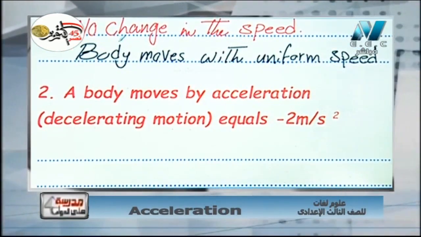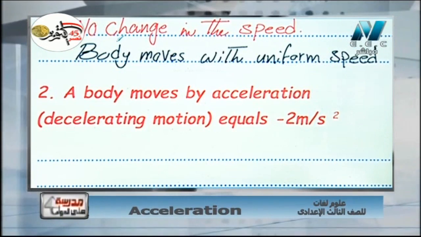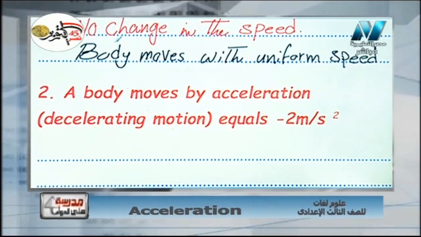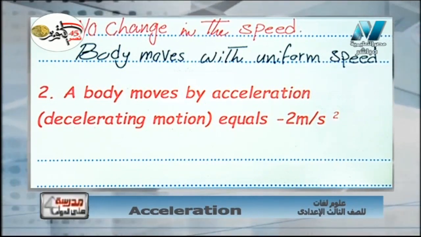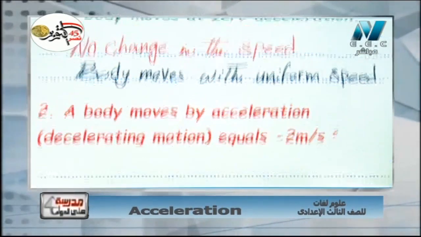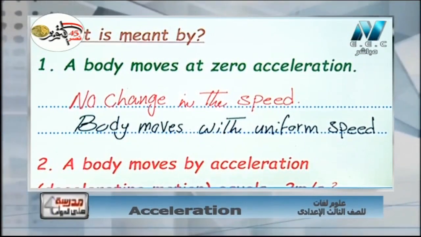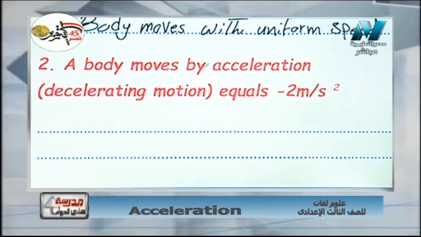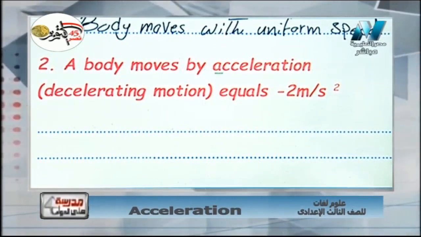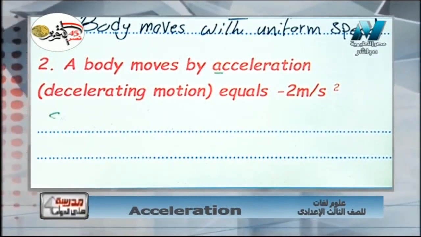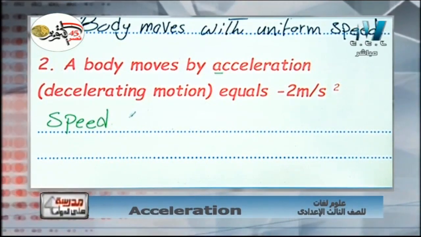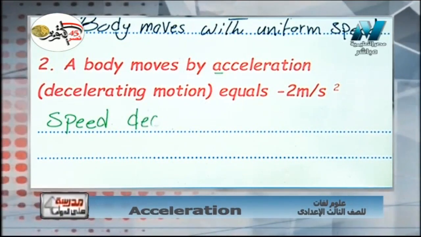Number 2: a body moves with acceleration, or decelerating motion, equal to negative 2 meter per second squared. So here, what is meant by deceleration, or negative acceleration? Does the speed increase or decrease? So the speed decreases.